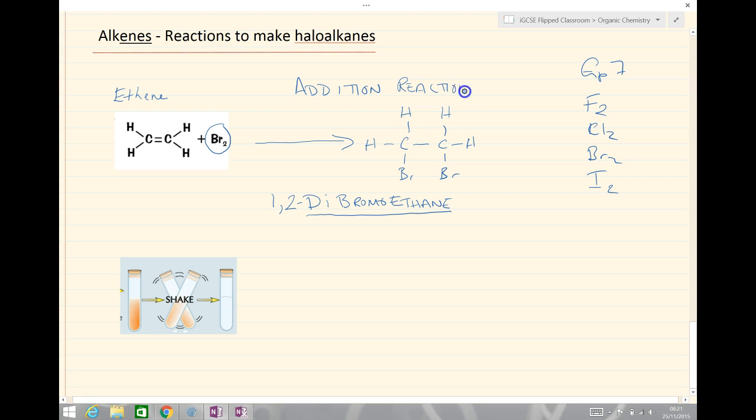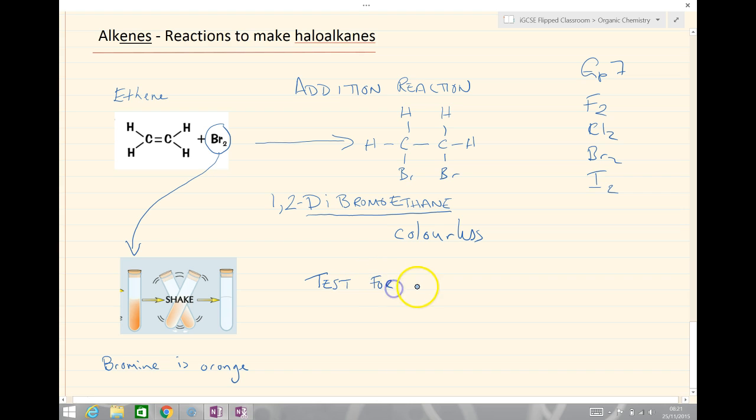Now, you may also know that bromine has got an orange colour. So bromine is orange. The product in this reaction is colourless. So dibromoethane is colourless. And what that gives us then is a test for alkenes.